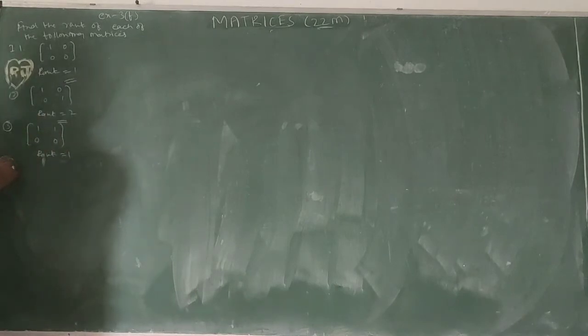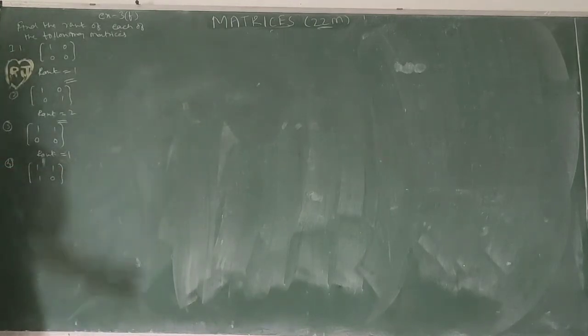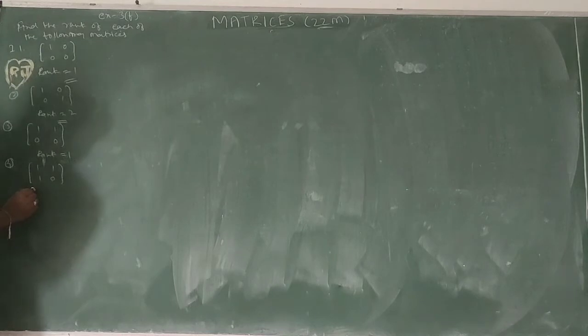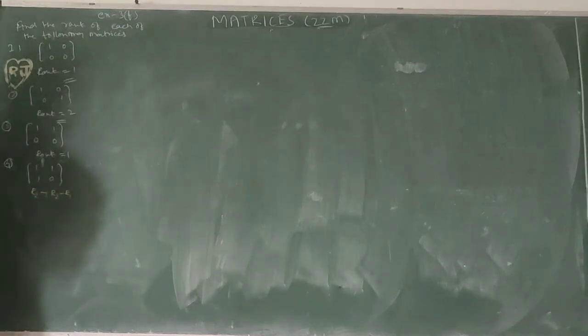Next, fourth: 1 1 1 0. Actually this element position won't be equal to 0. I want to change this one to 0 with the help of an elementary operation: R2 changes to R2 minus R1. 1 1 1 minus 1 0 0 gives 0, minus 1, minus 1.